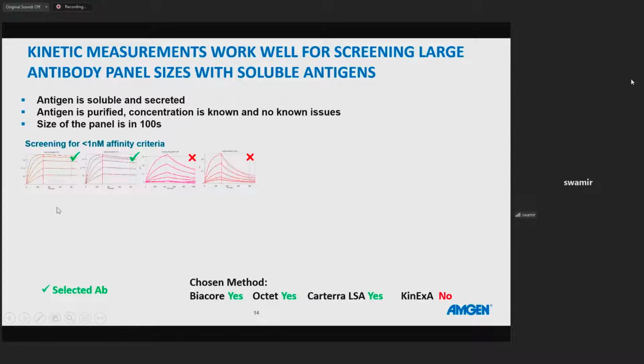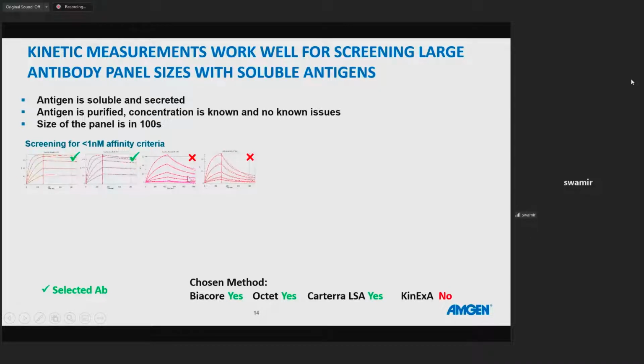Say you want to know how many from that panel have better than 1 nanomolar affinity, then we could use either Biacore, Octet, or Carterra and generate binding curves to see that these two antibodies have 1 nanomolar affinity, and this one does not.